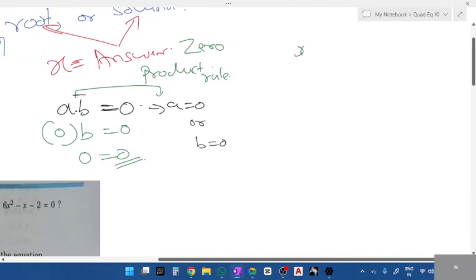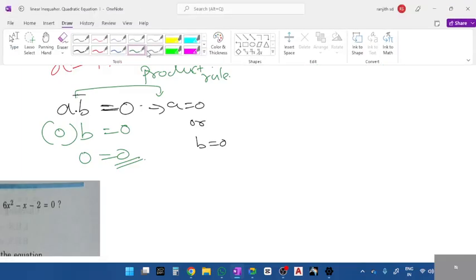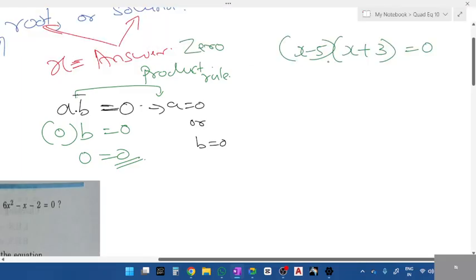Now, (x minus 5) into (x plus 3) is equal to 0. How many brackets do we have? Two brackets. And what's the sign in between? Multiplication. So we use the zero product rule. The meaning of the zero product rule is: take the first bracket, x minus 5 is equal to 0, comma, take the second one, x plus 3 is equal to 0.